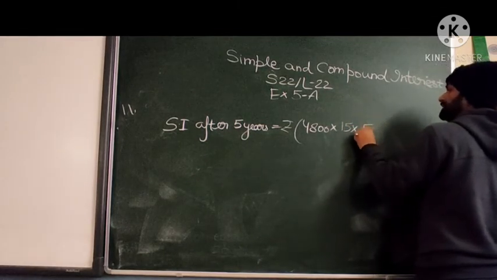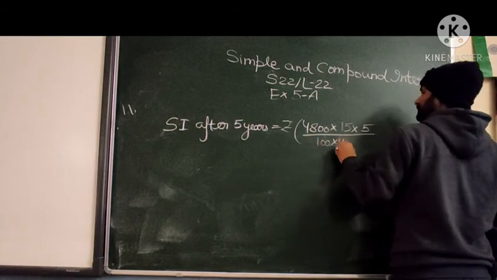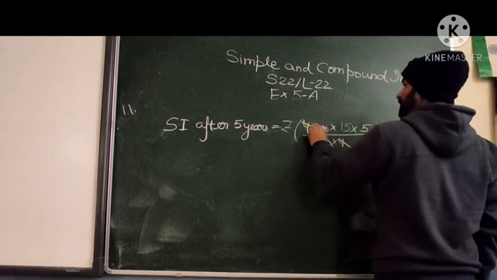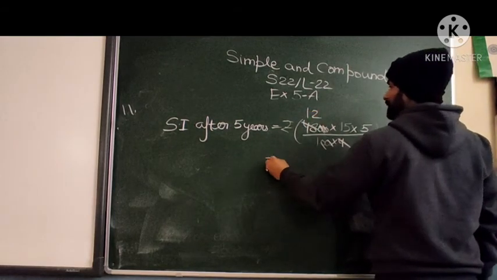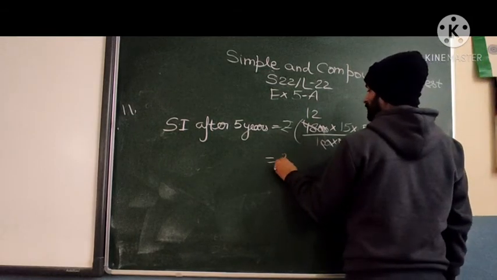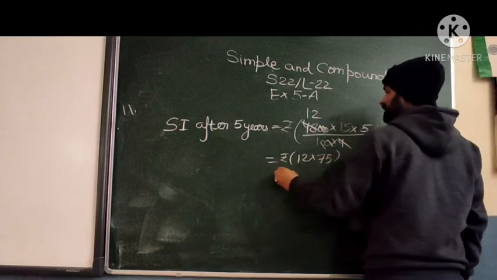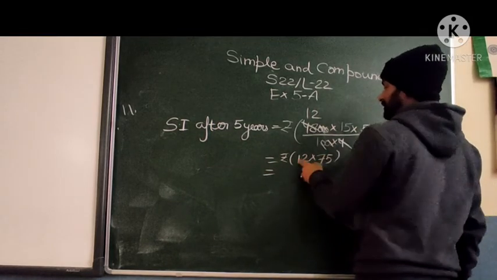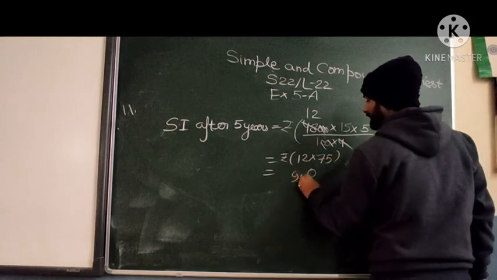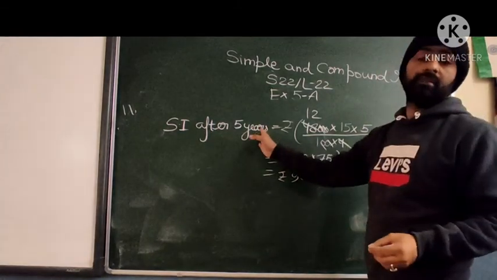Time is 5 years. 4% so 100 into this much. Now 2 zeros cancel. 4 is the 4, 4 is the 8. Then what? 15 fives are 75. 12 into 75. So 12 fives are 60, 12 sevens are 84, 84 plus 6 is 90, 900. So interest is 900 at 5 years, means after 5 years.